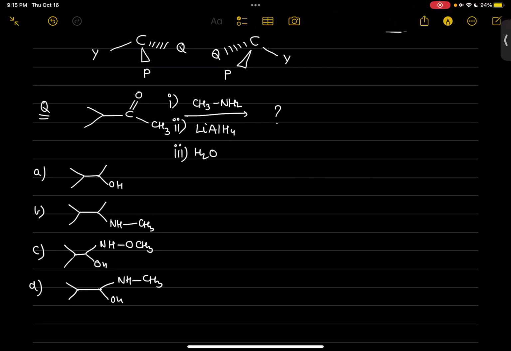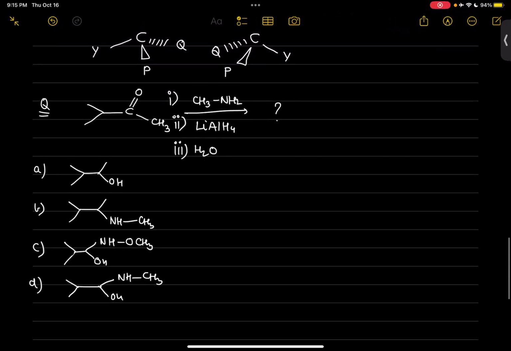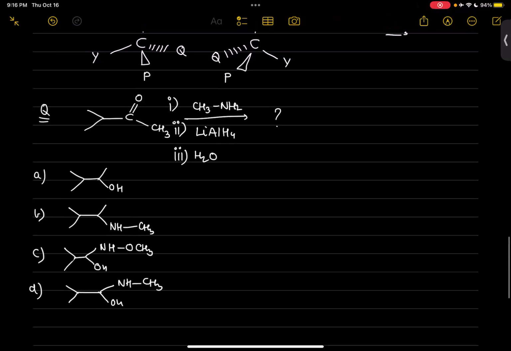Okay. But after that you have LAH and hydrolysis. So what will LAH do? LAH, remember, was one of the very strong reducing agents. Got it? It is going to reduce the double bond to a single bond.